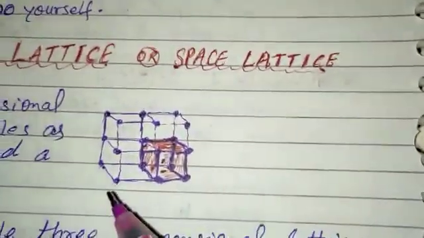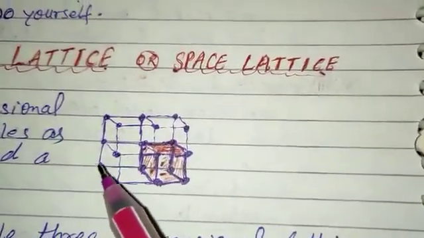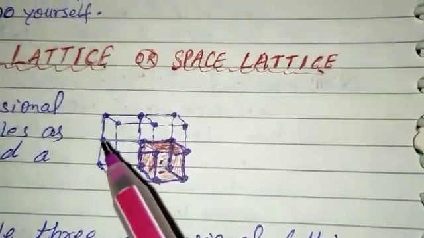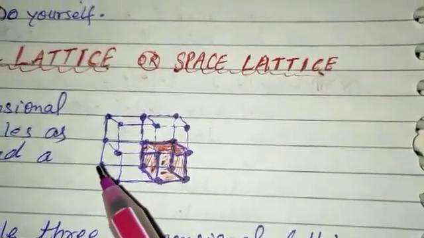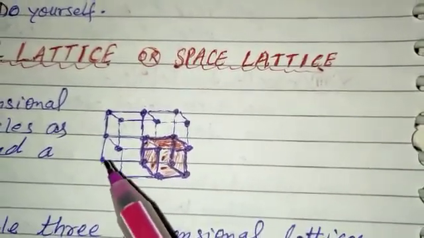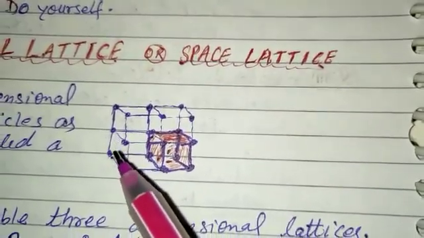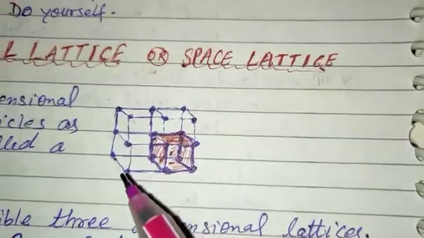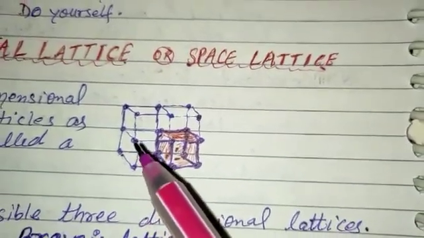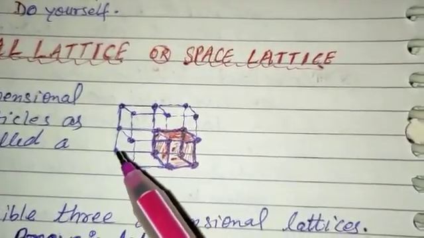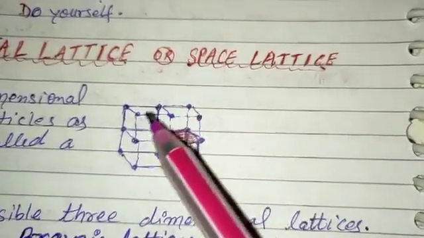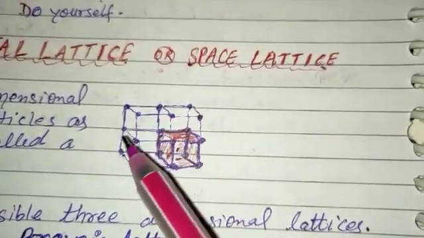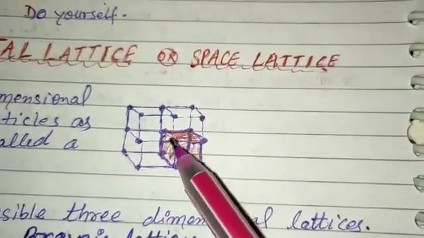In the crystal lattice, each point indicates the position of a particle. Particles may be atoms, molecules or ions. These points are called lattice sites or lattice points. In the crystal system, you can see the smallest repeating portion.